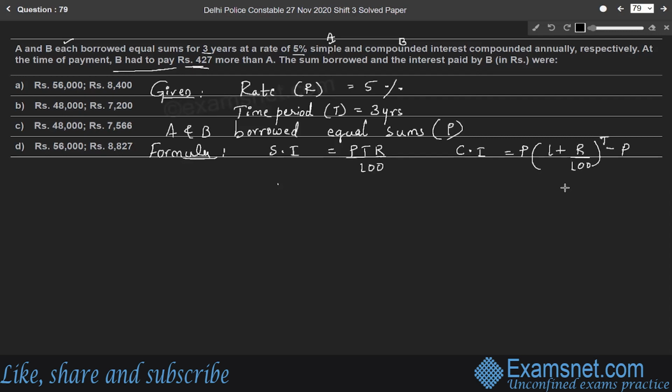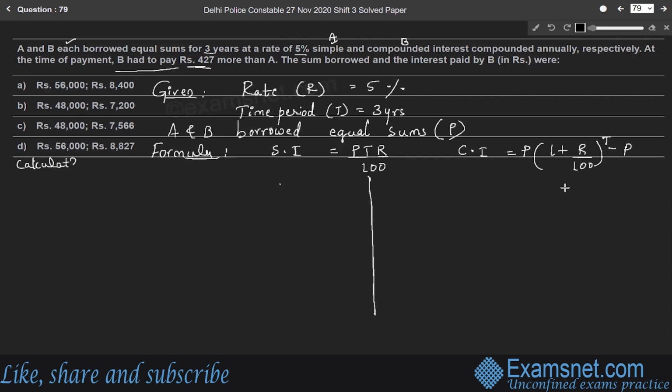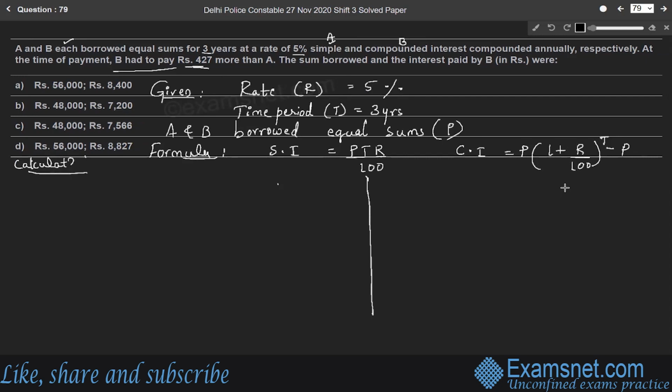So come to the calculation part. Calculation. So in the first part, let us find the simple interest paid by A. So simple interest of A is equal to PTR by 100, right? So the principal amount P, time period is 3 years, R is 5 by 100, which is equal to 3P by 20 after simplification.